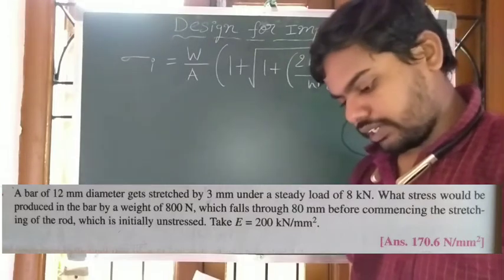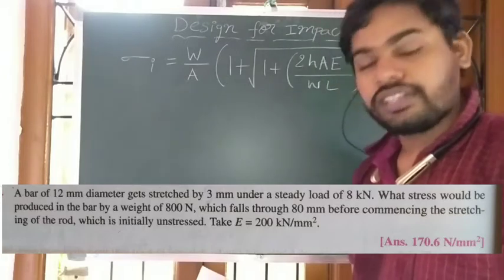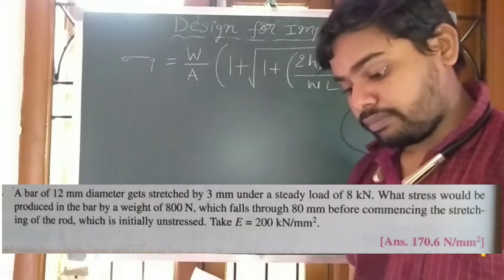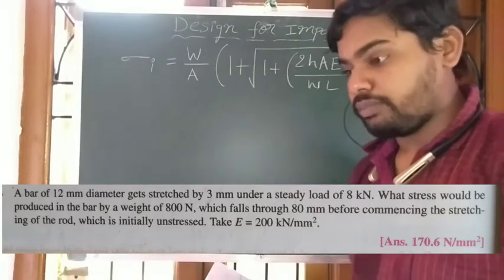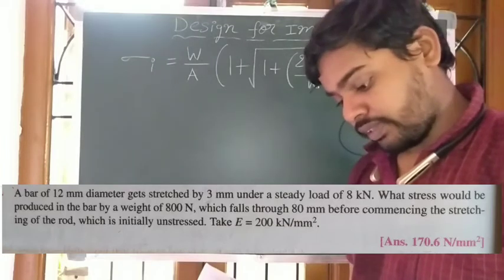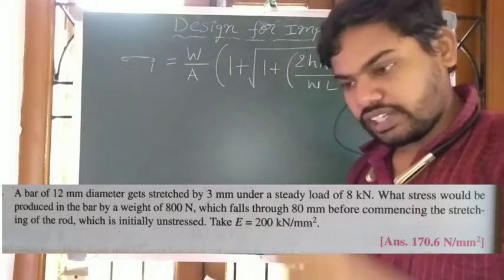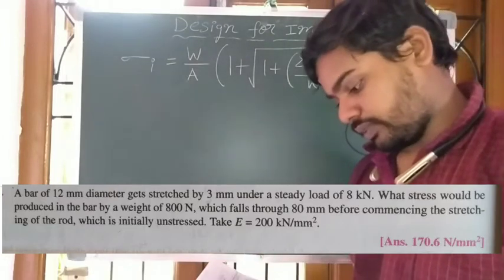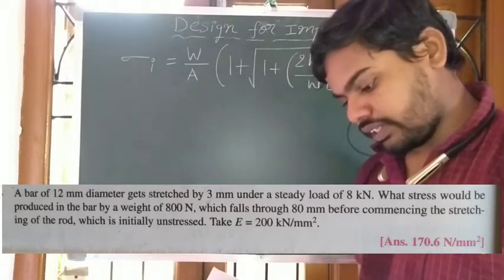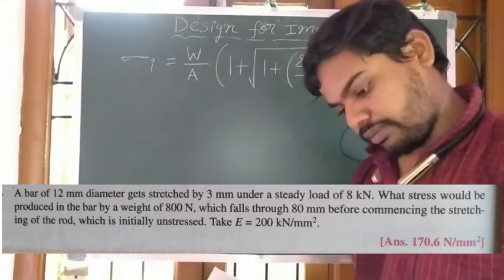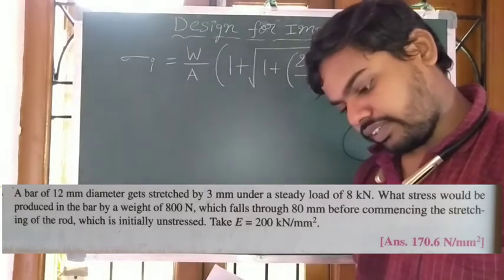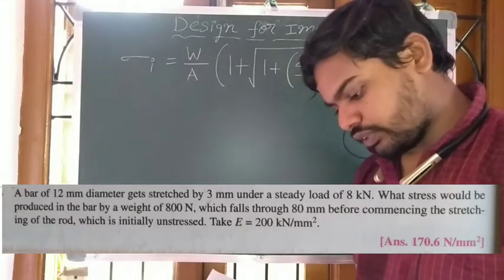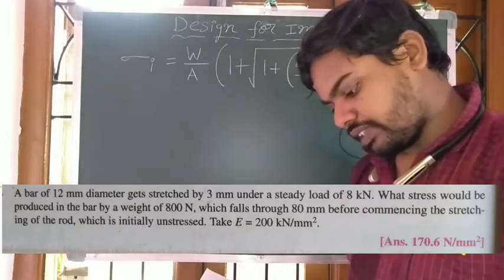Here there is a bar of 12 mm diameter, so its diameter D is equal to 12 mm, and it gets stretched by 3 mm under a steady load. So delta L, the change in length, is 3 mm under a steady load of 8 kN. Again the same bar is subjected to a load of weight 800 Newton, which falls through 80 mm before commencing the stretching of the rod.